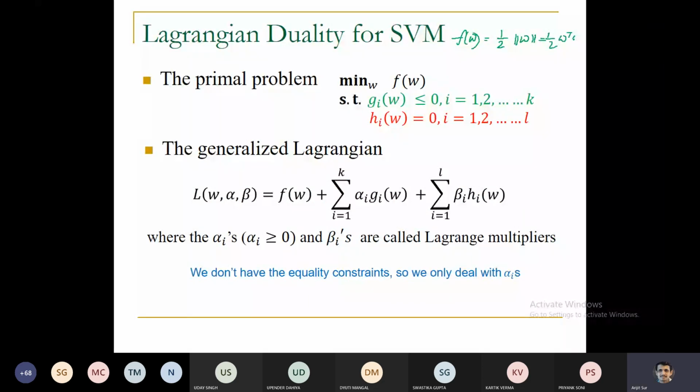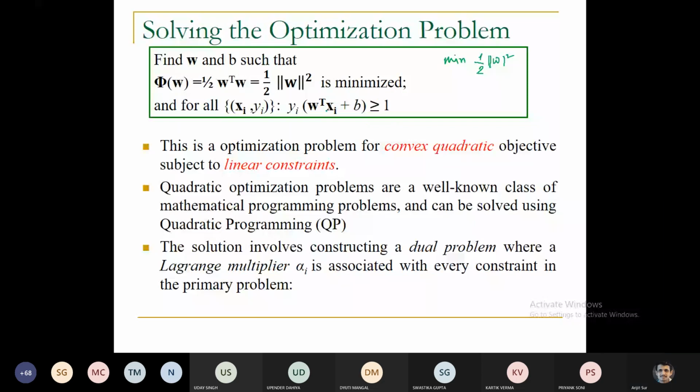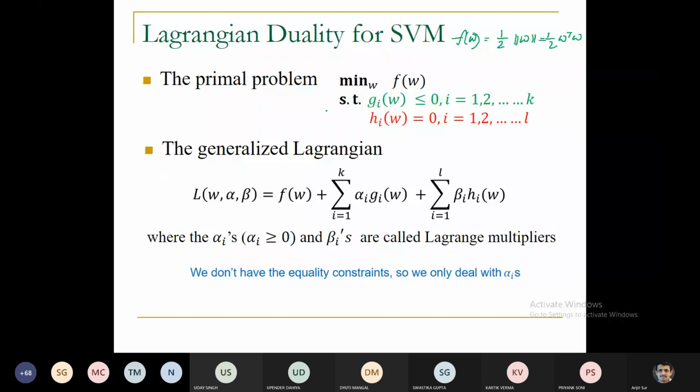And what is our g_i(w)? g_i(w) is basically y_i (w transpose x_i + b) minus 1. So this is our constraint, and we can put it into this formulation for i equal to 1 to m, where m is the number of samples.